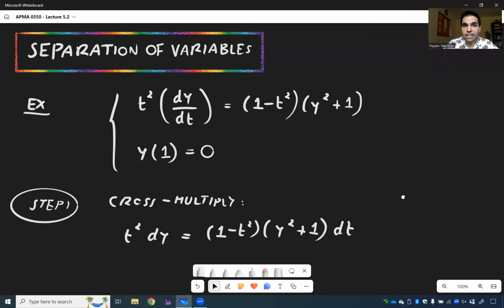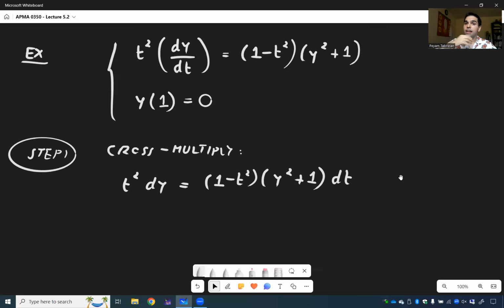And now the idea is, just like before, let's put all the y's on one side and all the t's on the other side. So here we can keep the dy, but divide by y squared plus 1. And put the t squared on the other side to get (1 minus t squared) over t squared dt.